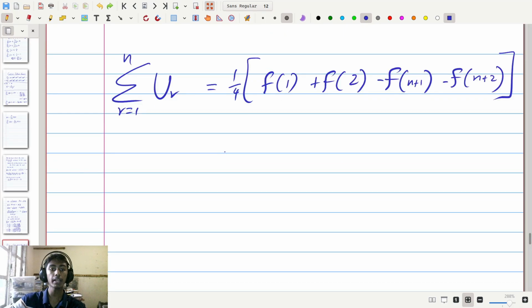Doing so, recall that f of r is simply 1 divided by r times r plus 2.